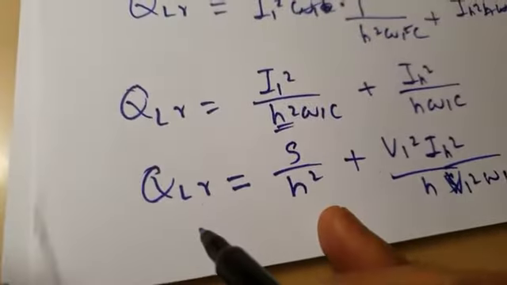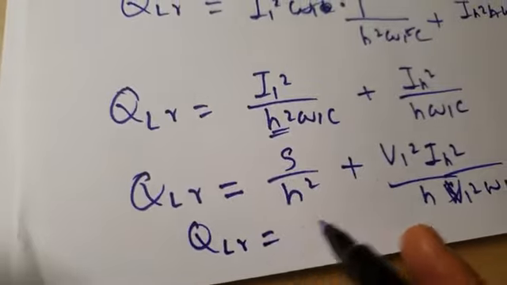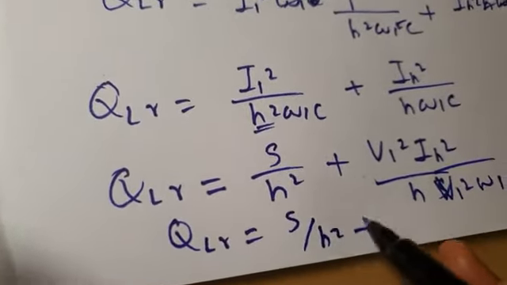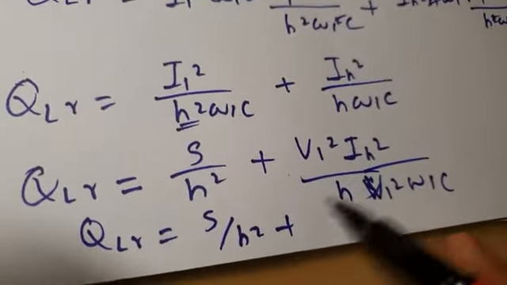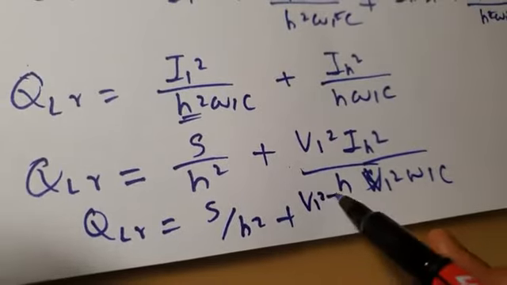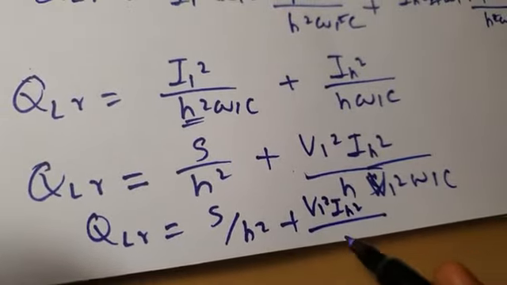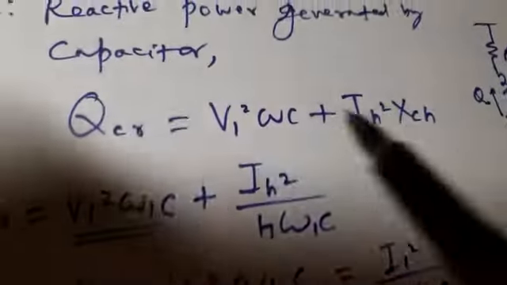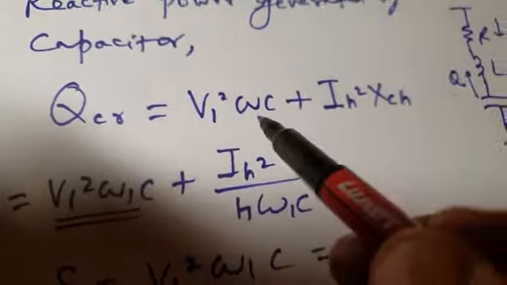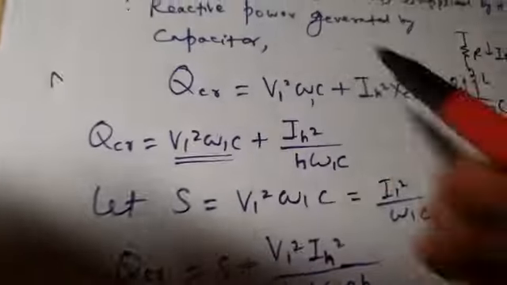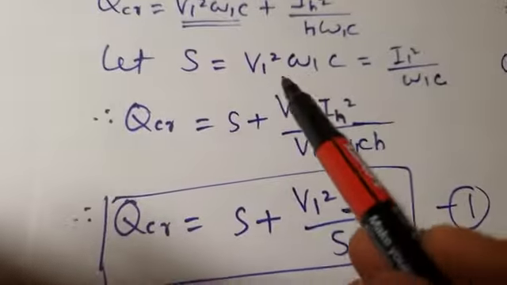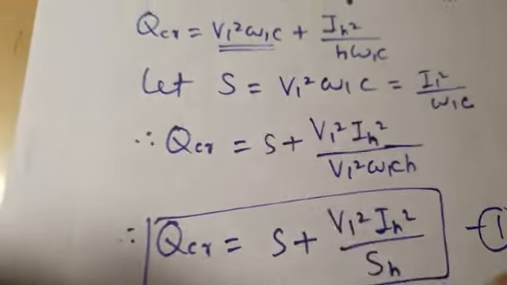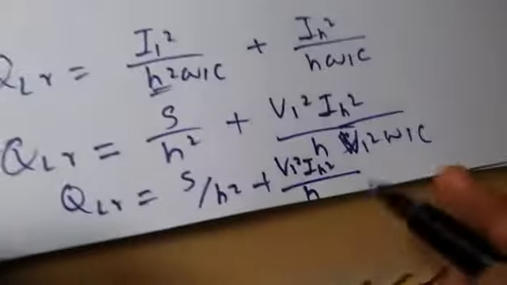So this will give me QLR equal to S by h square plus V1 square IH square by h times, what is V1 square omega 1 C? You can see from here, V1 square omega 1 C is QCR. Here V1 square omega 1 C is S, so I will replace it by S.